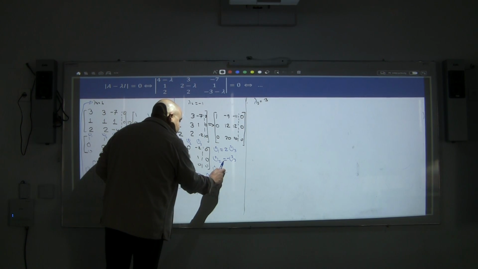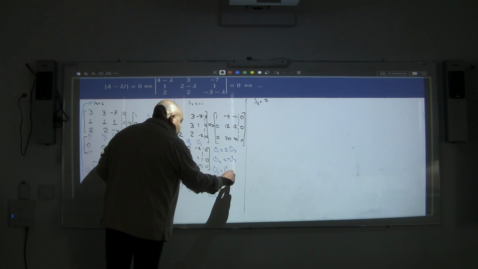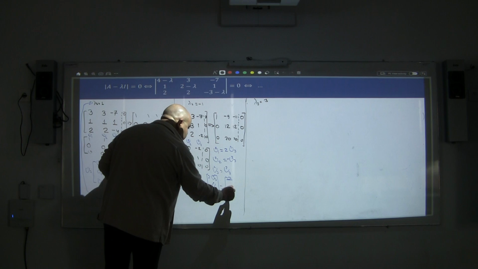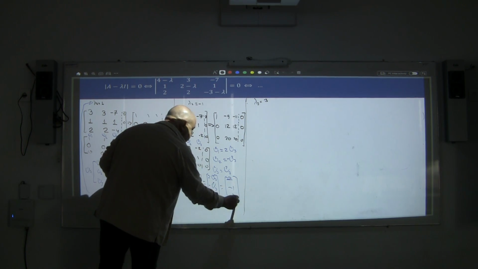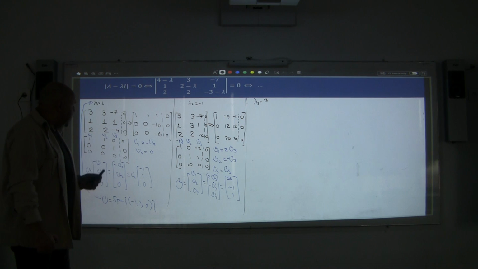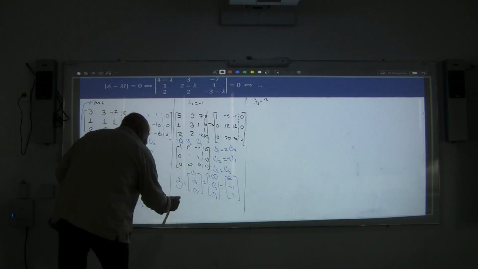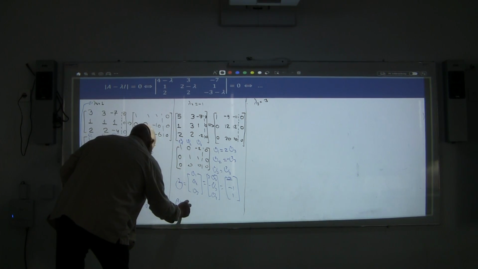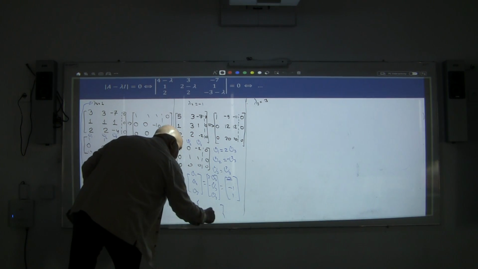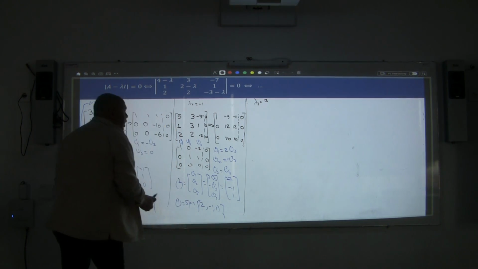I will consider u2 3 to be equal to 1, so the result is going to come up to positive 2, negative 1, and positive 1. That's for the second eigenvector. And the span of the second vector, exactly as I told you, is going to come up to 2, negative 1, and positive 1.